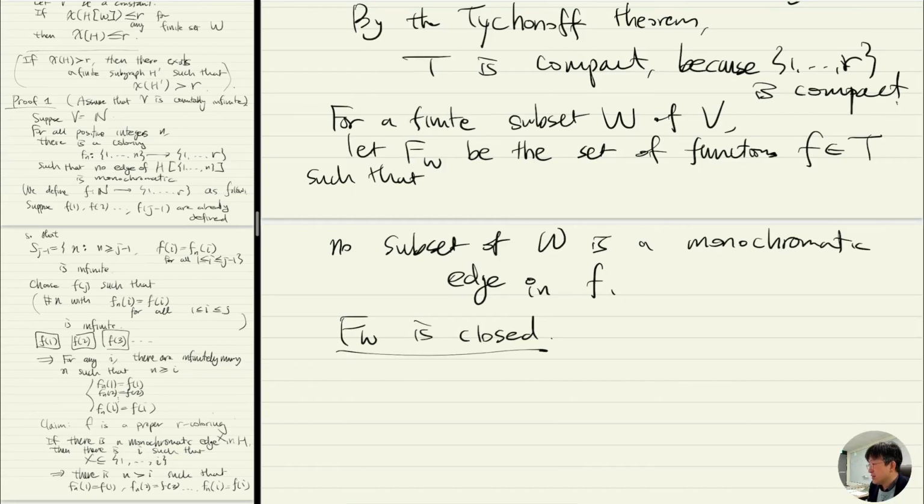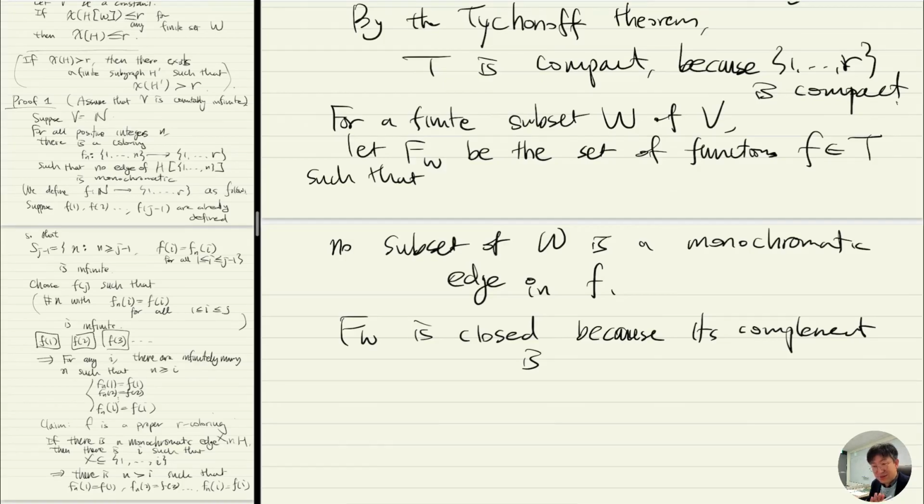Why? Because its complement is... you pick an edge inside W and then consider all possible functions where this is monochromatic, and that's an open set.